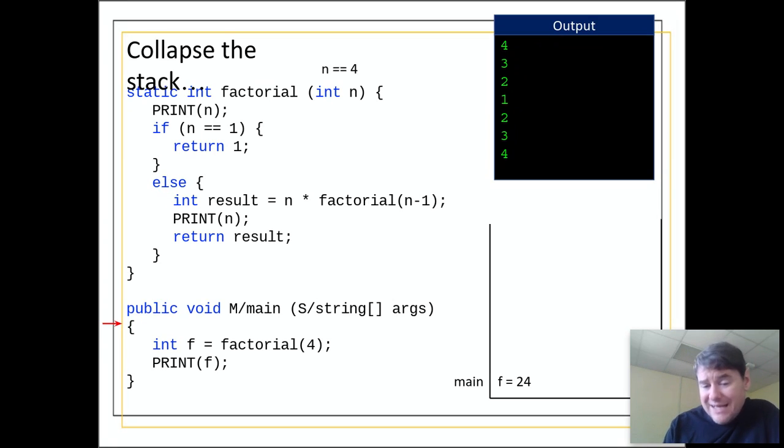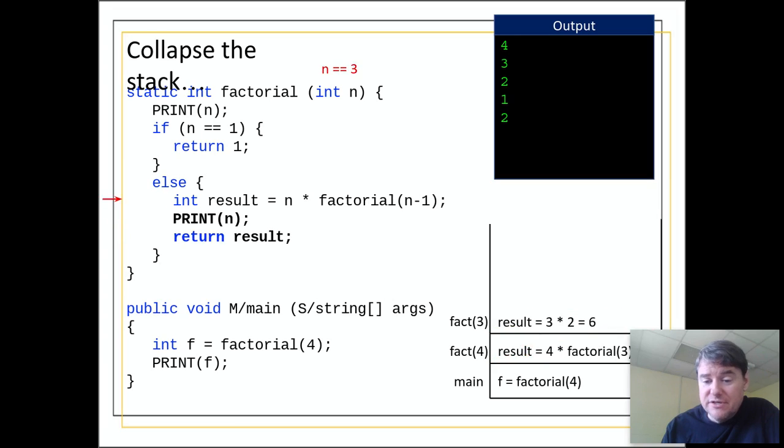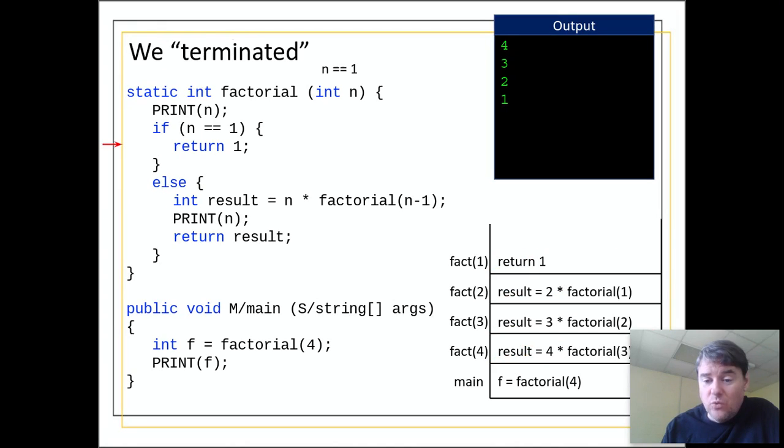So in order to calculate the factorial of 4, we ended up having to make a whole bunch of calls. Very specifically, at the worst case scenario here, we ended up having to do 4 separate calls to methods. The methods that were called each time were called factorial, and it was actually the same block of code that was being called.